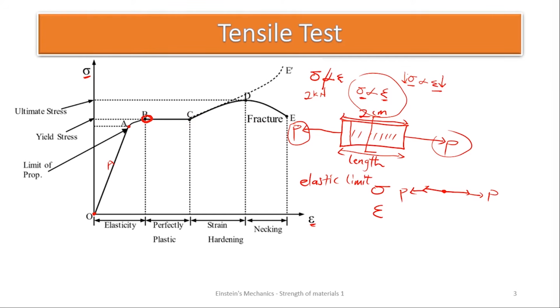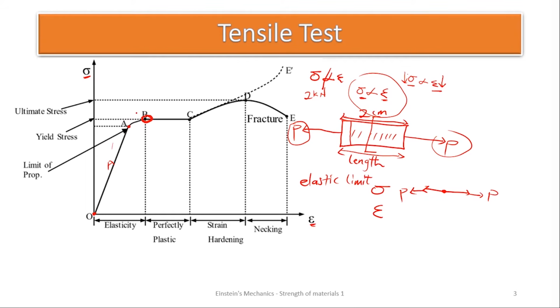Yes, the force is still being applied. This is a process, remember, from O to A. The tensile force was there, and when we stop applying the force, the material is going to what? Regain its size. The same thing happened to B. It is going to regain its size.